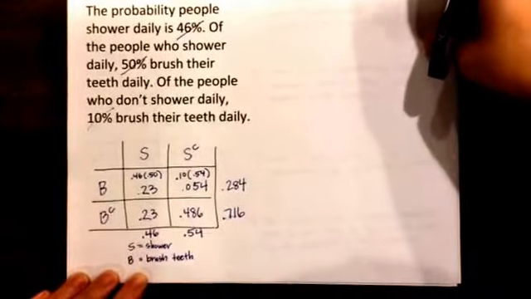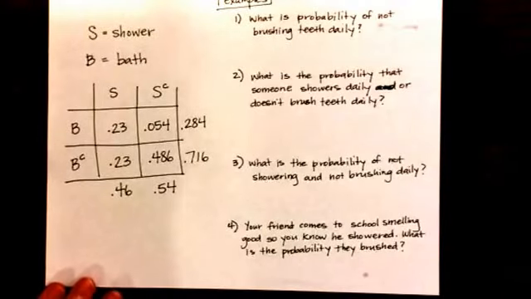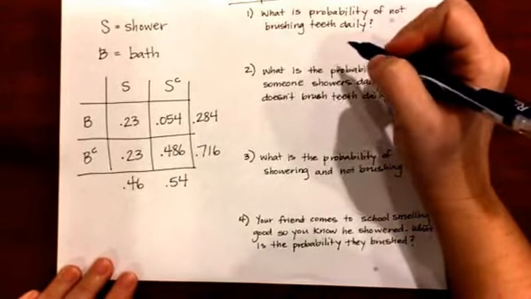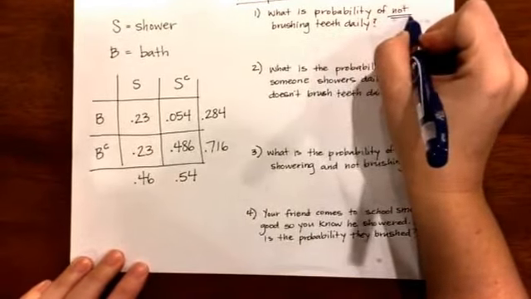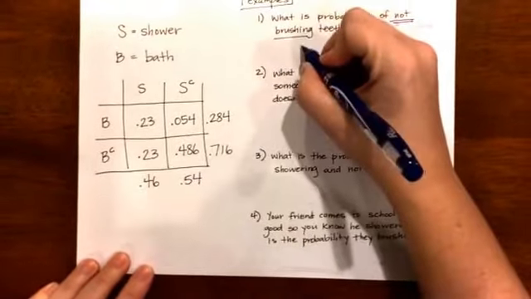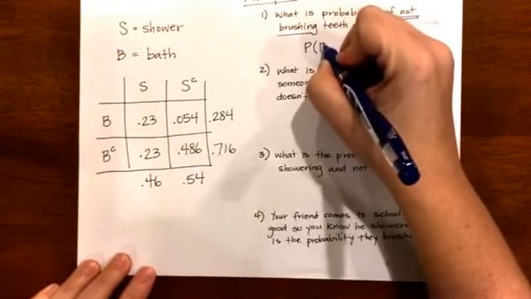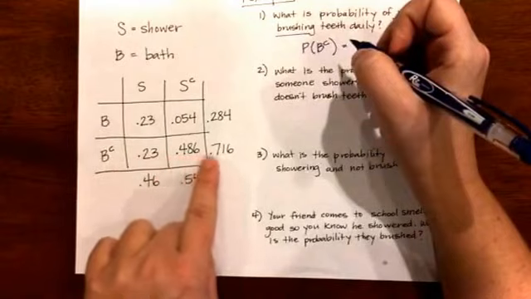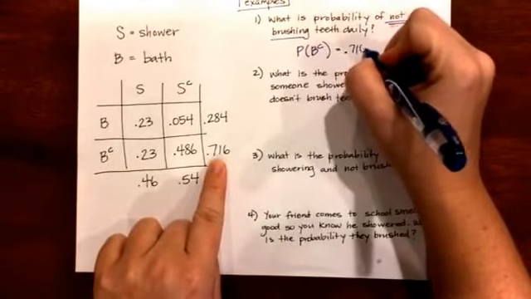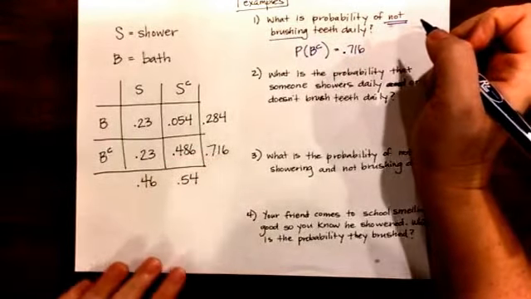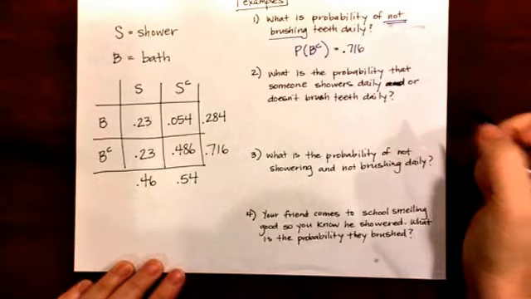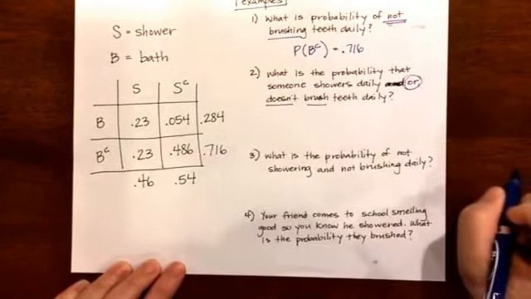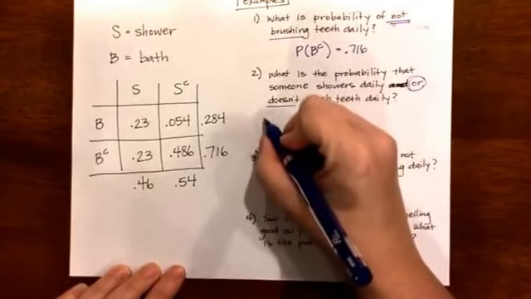So let's go answer some questions. All right, what's the probability of not brushing your teeth? All right, so we're not brushing teeth. So the probability we're brushing teeth not is 0.716. Okay? What's the probability someone showers daily or doesn't brush teeth? Gross.